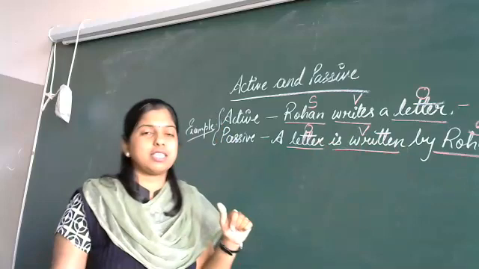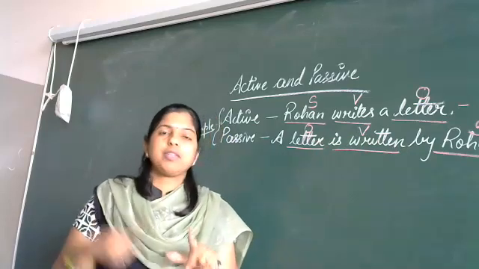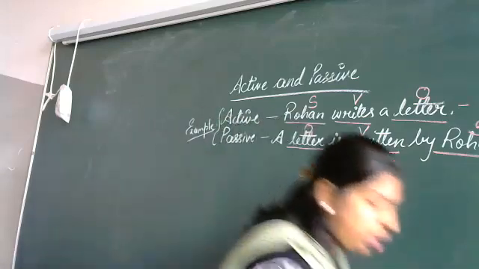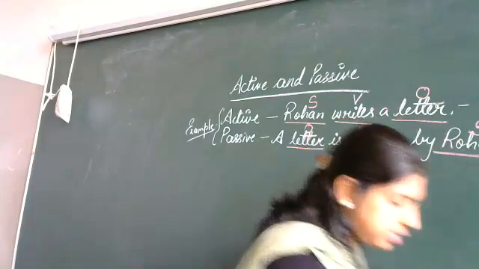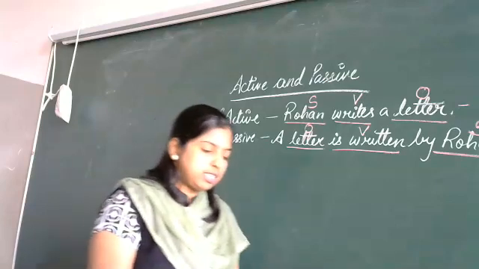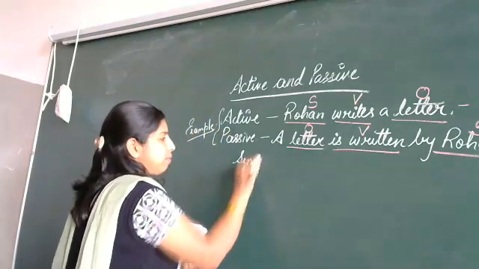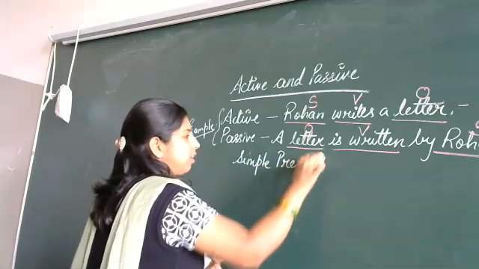In the previous class, that is in yesterday's class, we learned about simple present, simple past, and simple future. We will just go through quickly what did we learn about simple present tense. What are the changes you make in simple present tense? This is simple present tense.